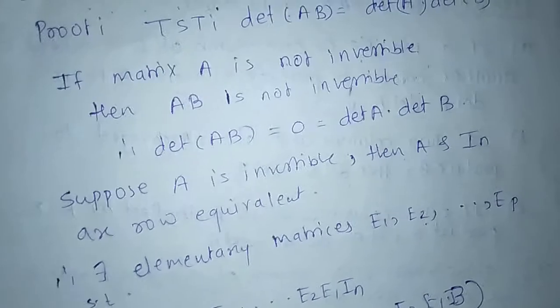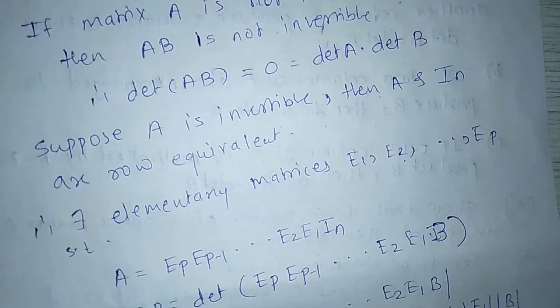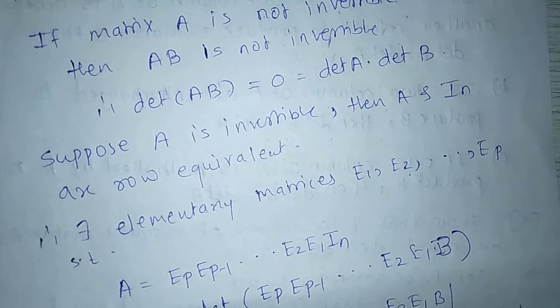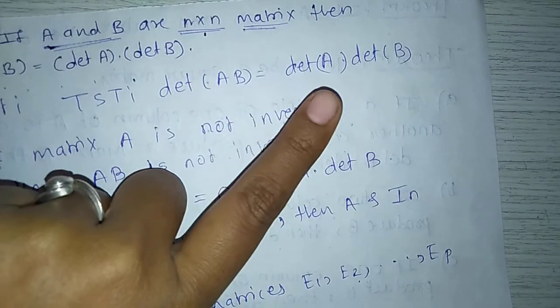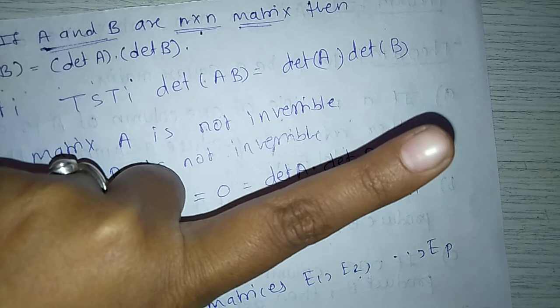Here we used two conditions on A: A is not invertible and A is invertible. In both conditions we get the same result, determinant of A into B equal to determinant of A into determinant of B.